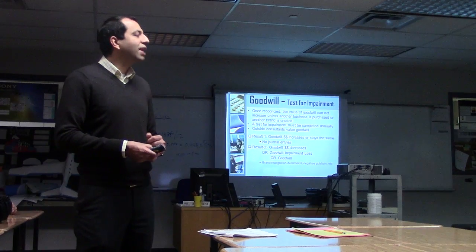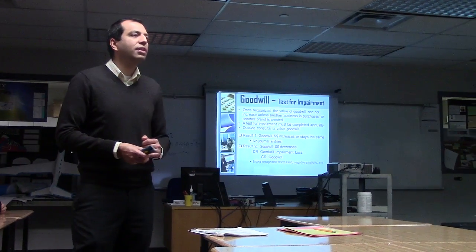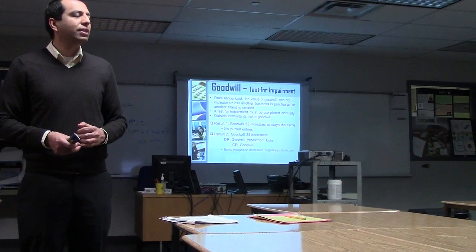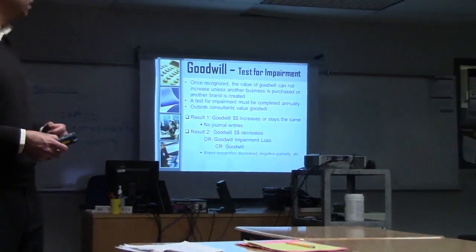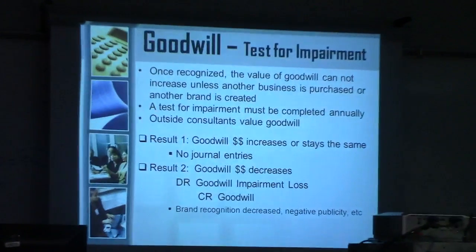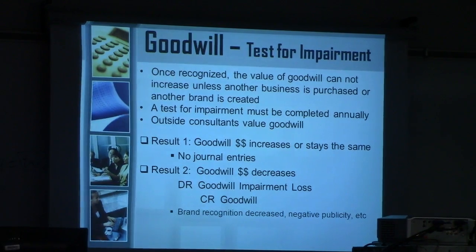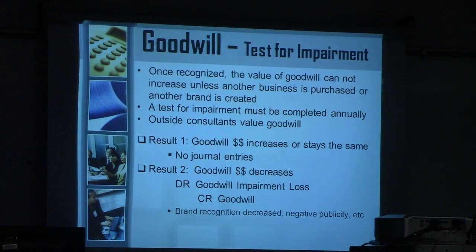However, if it's gone down, you must decrease the value of the goodwill because the principle of conservatism applies. Okay? So you've got to decrease the value of the goodwill if it's gone down. If it goes down, you would debit goodwill impairment loss and credit goodwill directly.